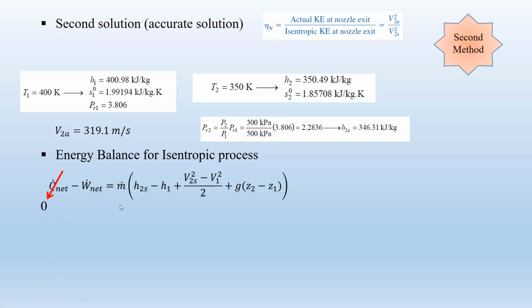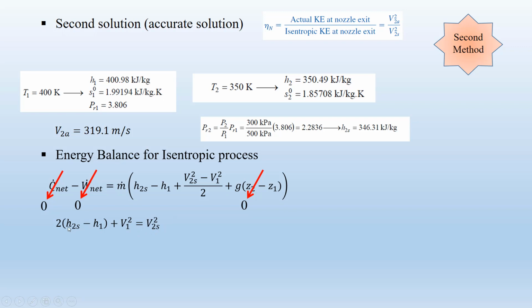So Q is zero, there is no W, you can cancel the changes in potential energy, and then you can actually write this equation to calculate the exit velocity for isentropic nozzles.